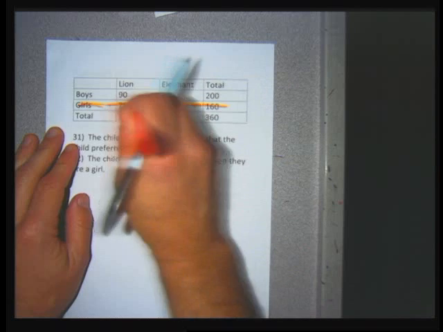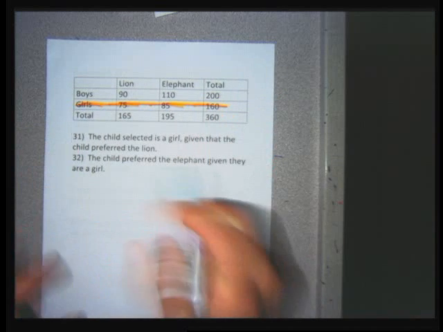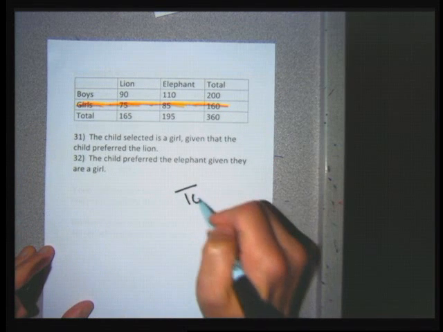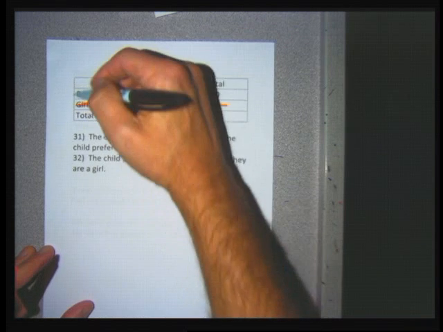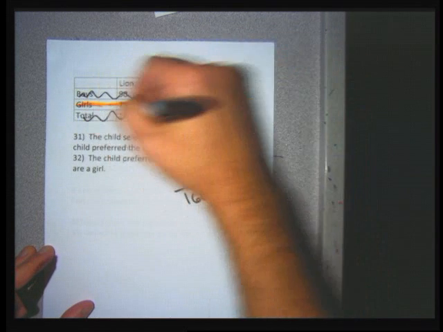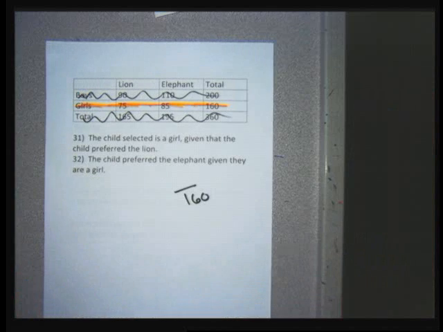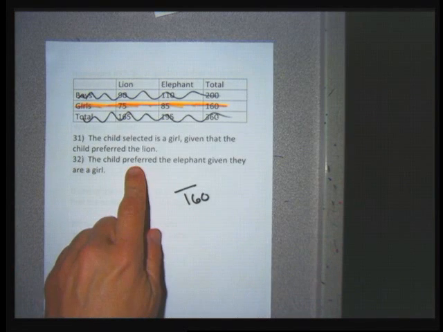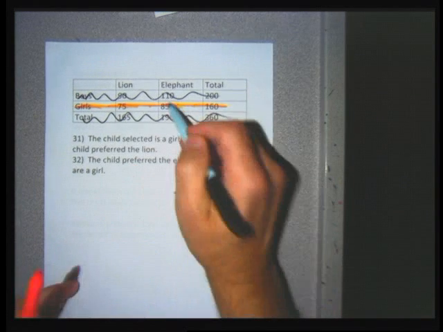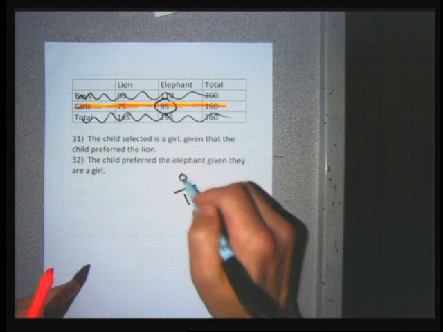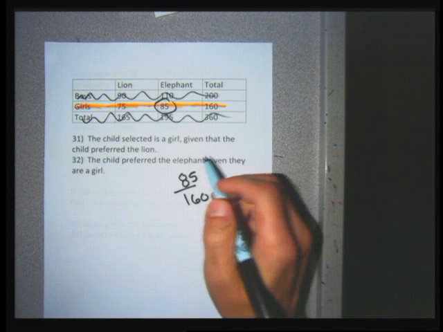The denominator of my fraction in problem 32 is going to be 160. Now I'm not going to look at any of the rest. I'm only going to look at the girls and find out how many of them prefer the elephant, and that's going to be 85. So my answer is going to be 85 over 160.